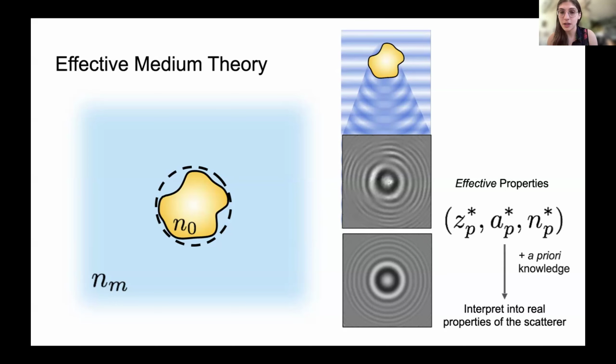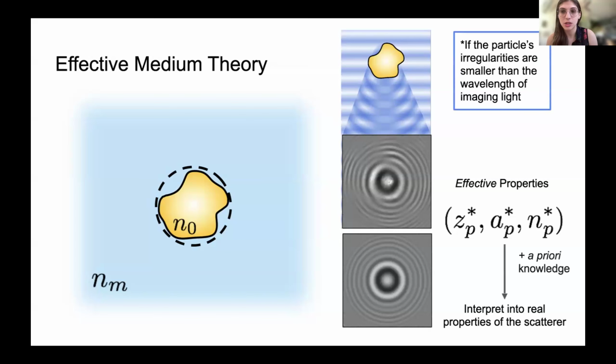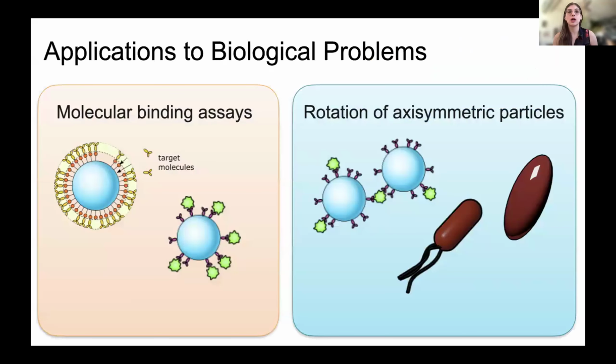There's a caveat to all of this that I want to mention, which is that all of this works very well, the conventional wisdom says, if the irregularities are smaller than the wavelength of the imaging light. Okay? So that's the basic idea. And for the rest of this talk, I want to tell you about how we've applied this analysis technique to two different biological problems.